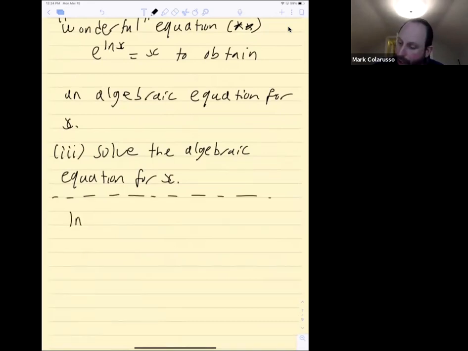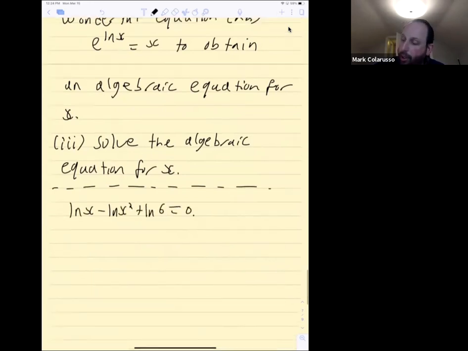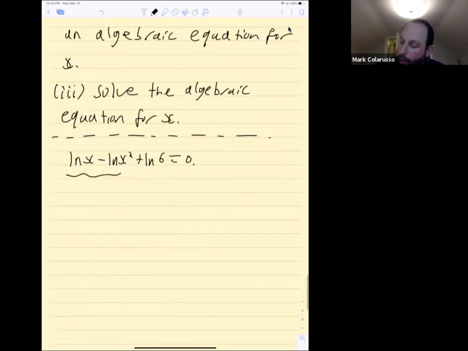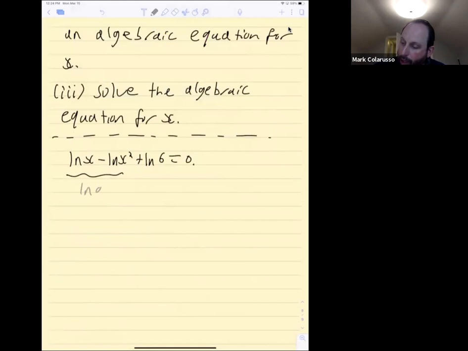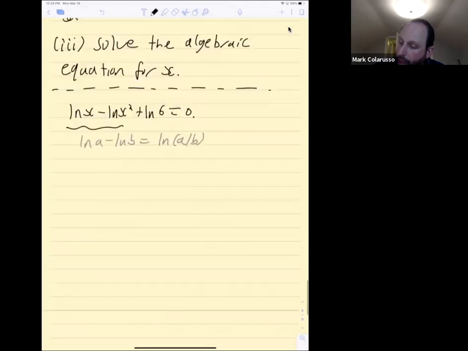So we have ln x minus ln x squared plus ln 6 equals 0. I'm going to combine these two using the quotient property that ln a minus ln b is ln of a over b. And then you get ln of x over x squared plus ln 6 equals 0.